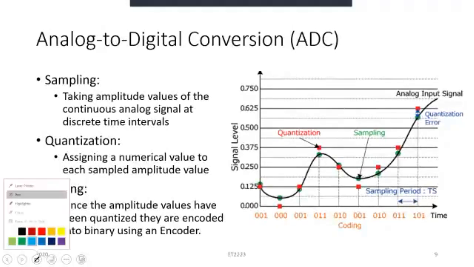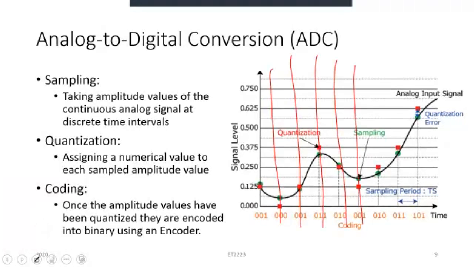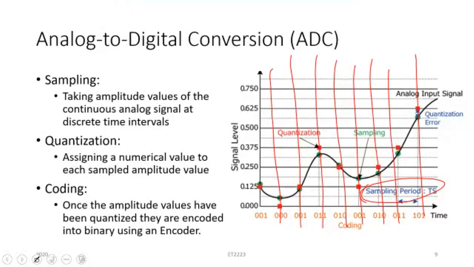What we would do in terms of sampling is make observations at a fixed interval of time. And the interval that we take is what we call the sampling period. So say every 1 second or every 1 minute or every millisecond, we will go and observe what the value is in the original analog signal.